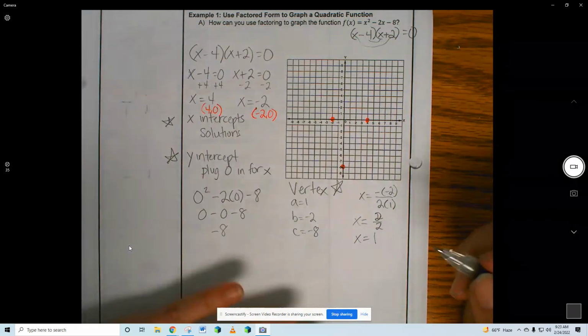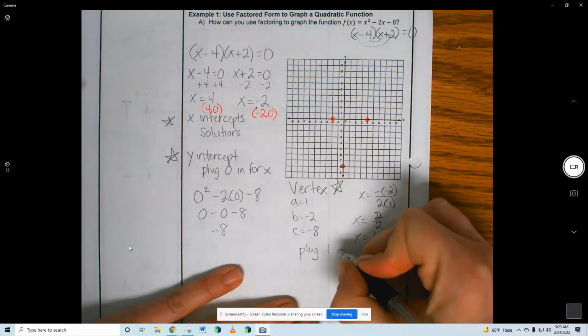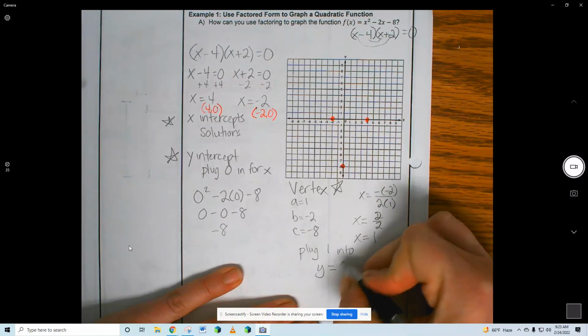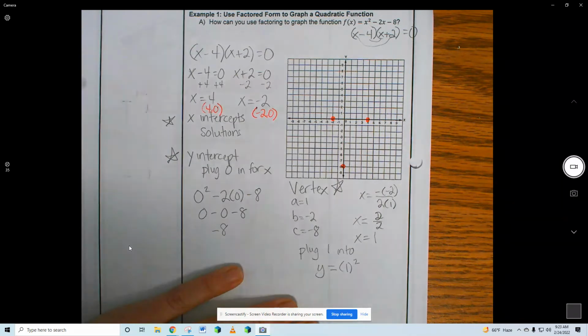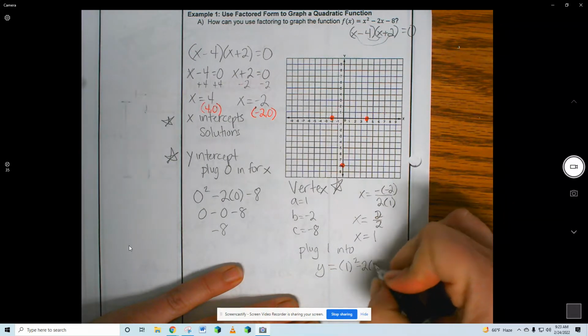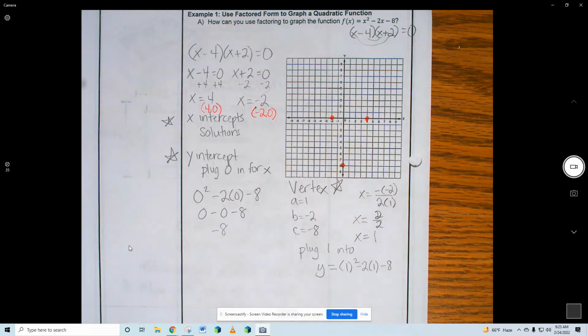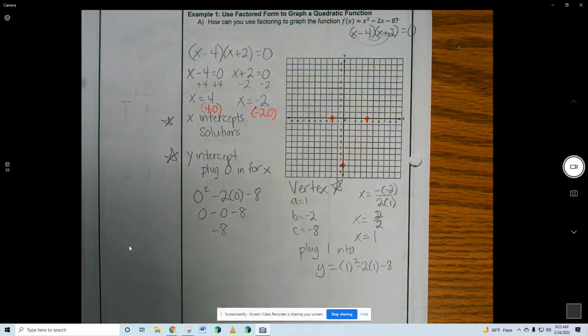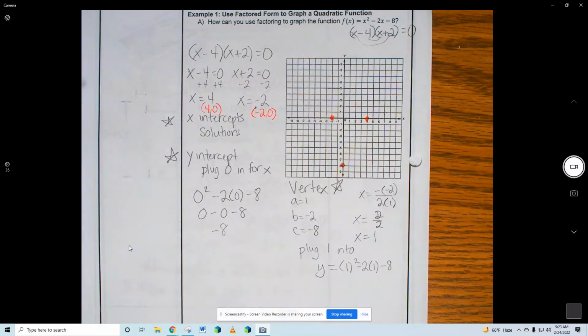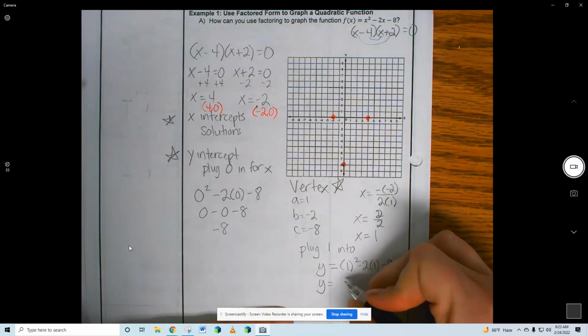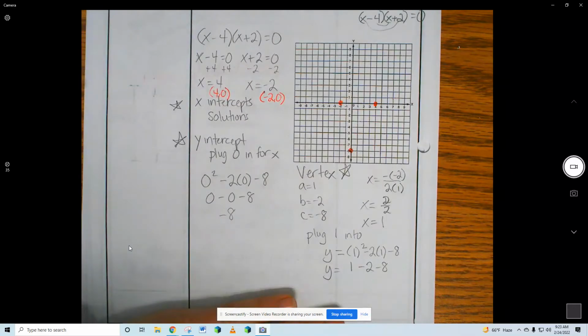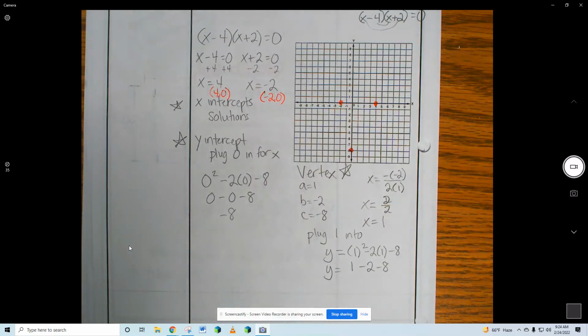So plug 1 into y equals x squared minus 2x minus 8: 1 squared minus 2 times 1 minus 8. 1 minus 2 minus 8. All right, what is it? Negative 9.